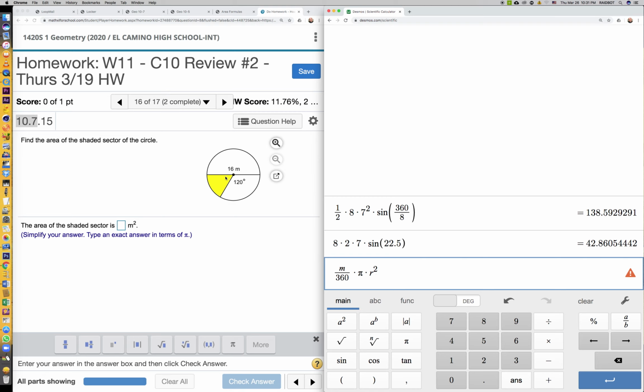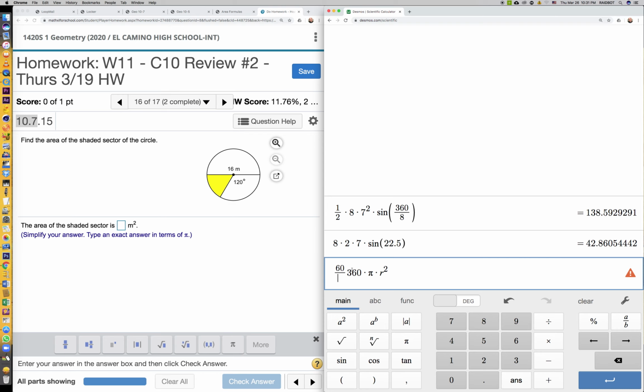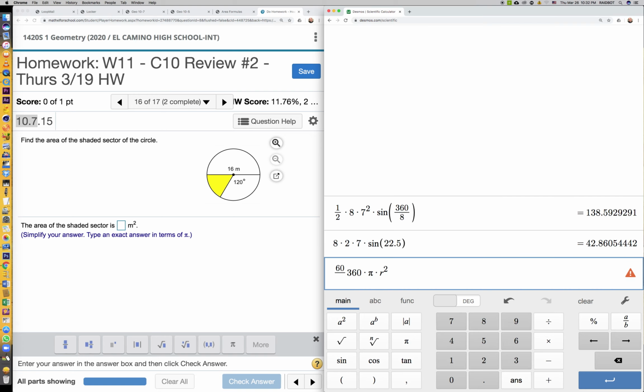So I find out the measure of the arc of this sector is 60 degrees. So let's change it to 60 degrees, 60 over 360.